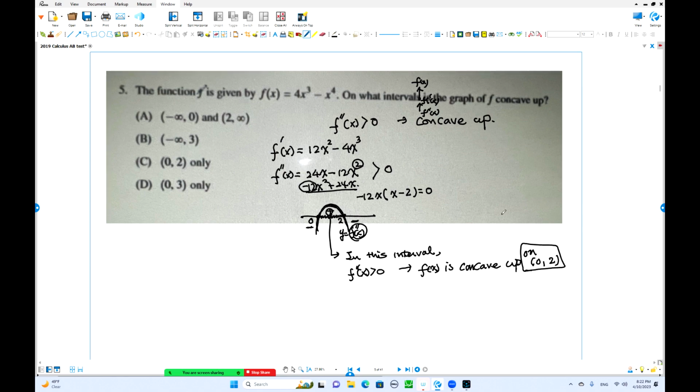The other intervals are concave down. From negative infinity to 0 is minus, so concave down. And from 2 to infinity, still concave down, okay? That's number 5.